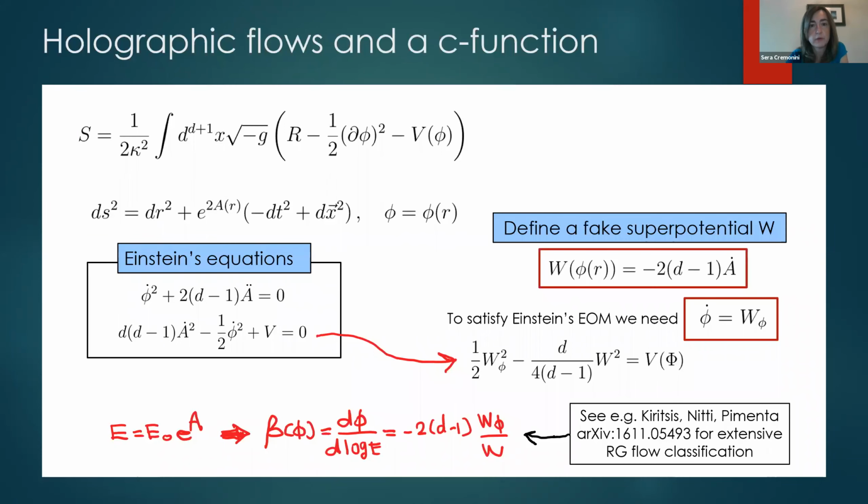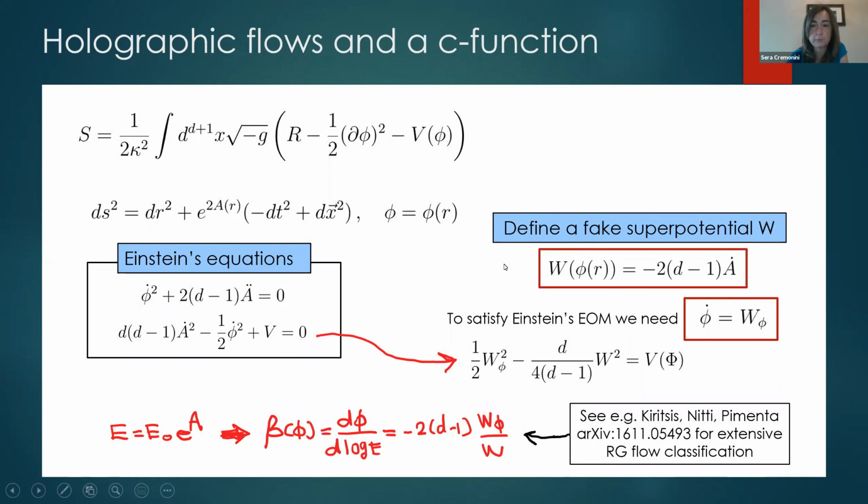So before going into our own work, I want to give you a little bit of an introduction to the role of this superpotential. So imagine that you have a very simple theory, Einstein-scalar theory, with a metric that preserves Lorentz invariance of this form. And you can show that if you take Einstein's equations for the warp factor, this function A, and the scalar field, they can be turned into first-order equations by introducing what's called a superpotential.